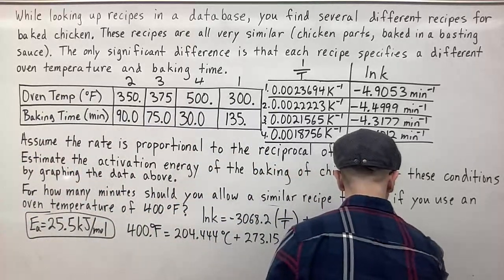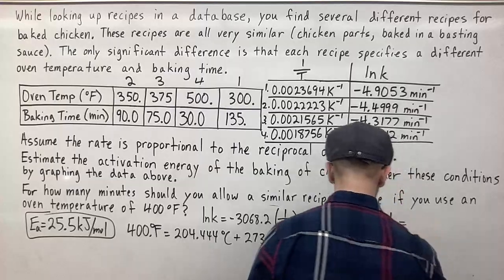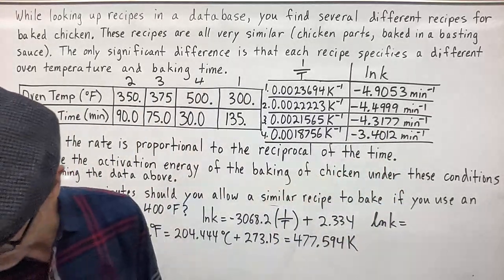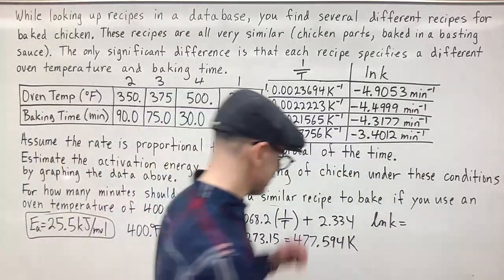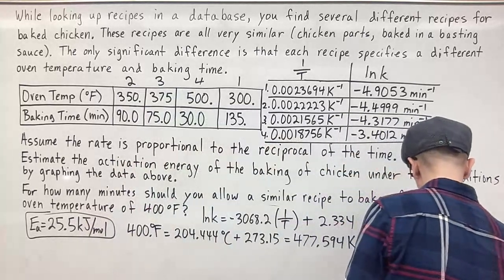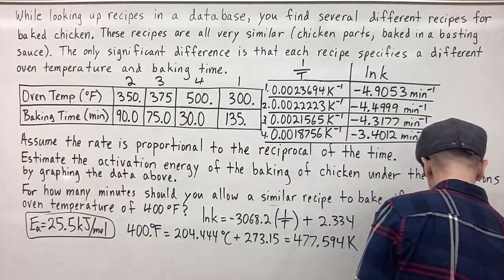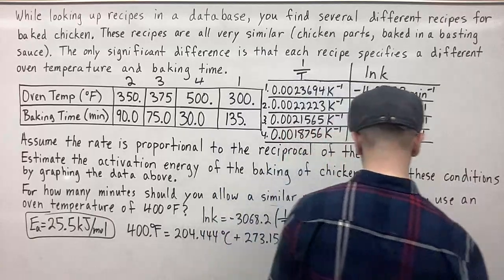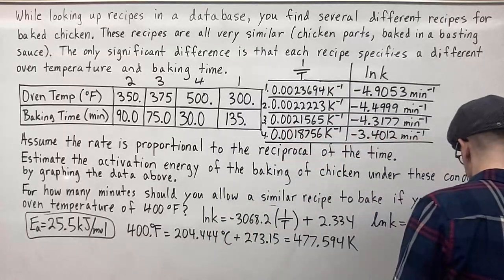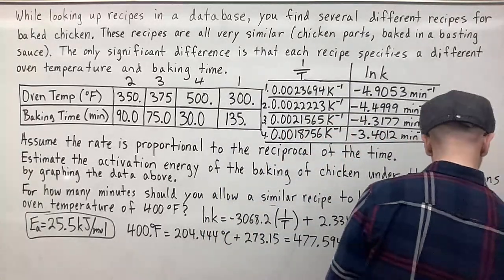So ln of k is equal to negative 4.090, and remember, that's per minute.